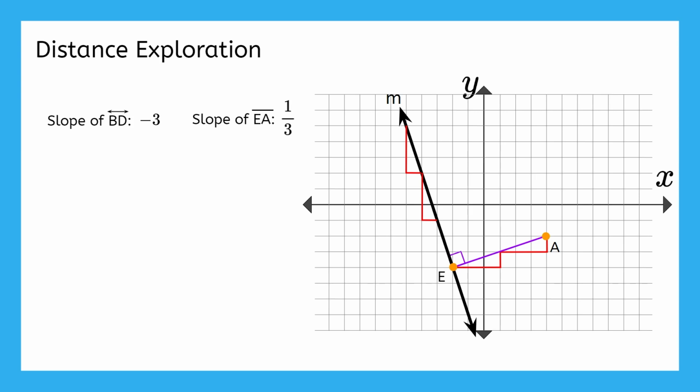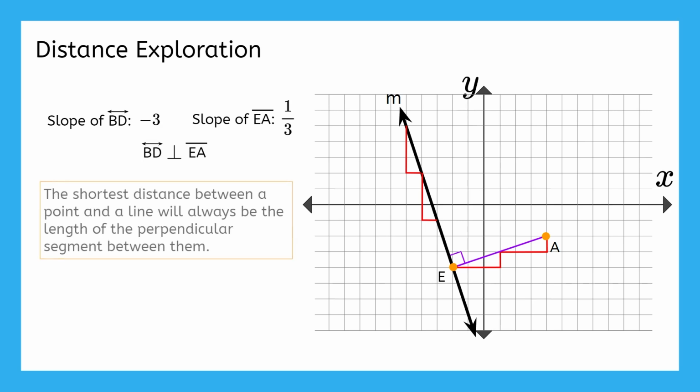Are those two slopes opposite reciprocals? Yes. So line M and segment EA are definitely perpendicular. This will always be true. The shortest distance between a point and a line will always be the length of the perpendicular segment between them.